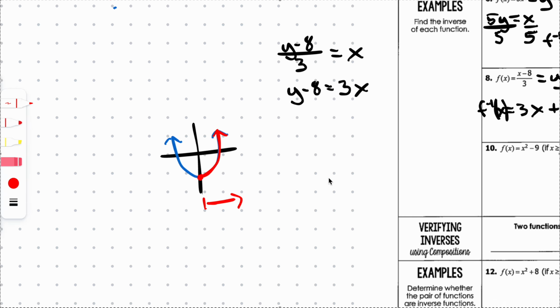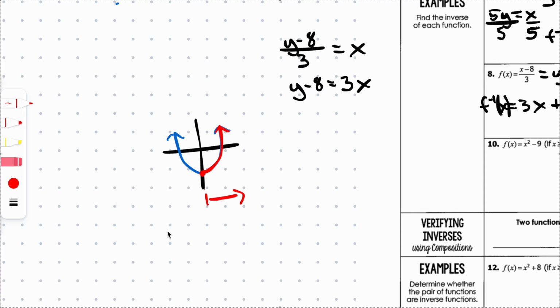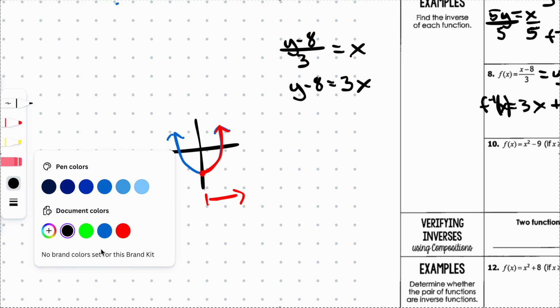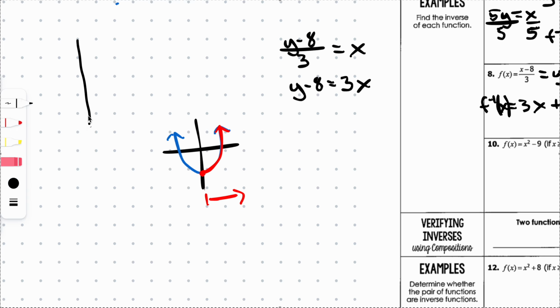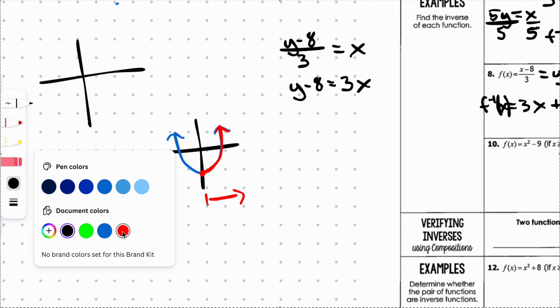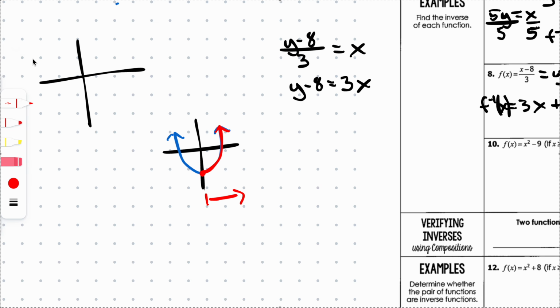So by restricting it to just half, we would now have a 1-to-1 function, because when we graph this, we take the inverse of this red part, we'd get something that I think would look something like that. I'm assuming. But it would look something like that.